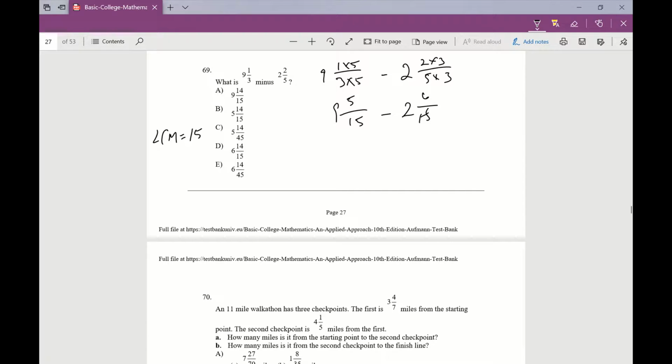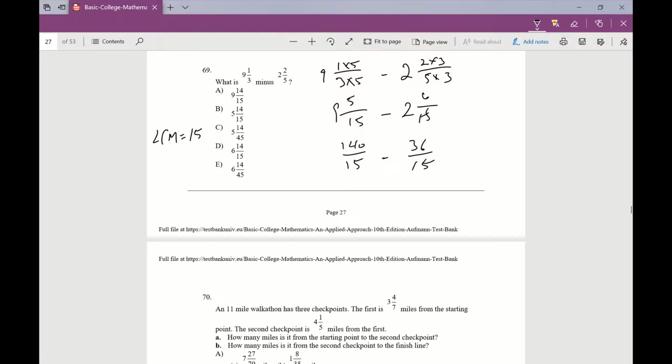5 cannot minus 6 in this case, although we come to the same denominator. So what we have to do is convert it back to improper fractions. So in this case, it will be 140 over 15 minus 36.